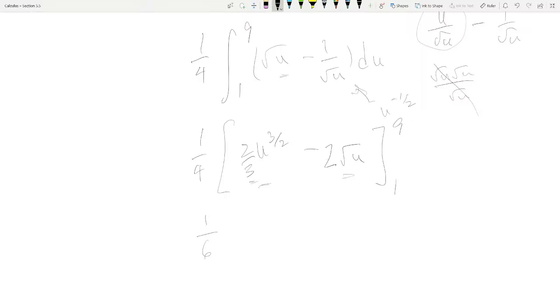Then on the inside, I have u to the 3/2, and over here, since I pulled the 3 out of the denominator, I have to have a 3 root u.